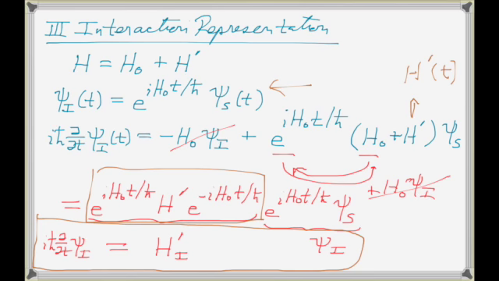Nothing changes, even if H'(t) is a function of time. We're going to need that when we start doing adiabatic perturbation theory, because we're going to slowly turn on H' with this exponential turn-on factor, e to the negative eta t. So adiabatically turn it on.